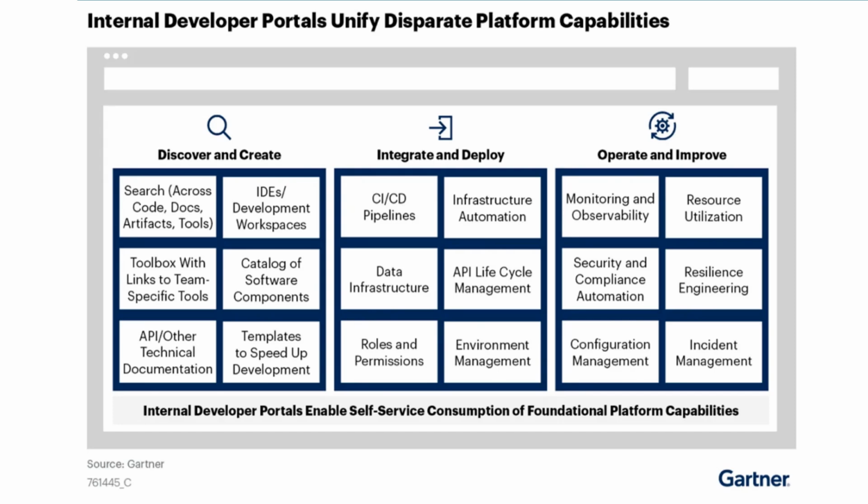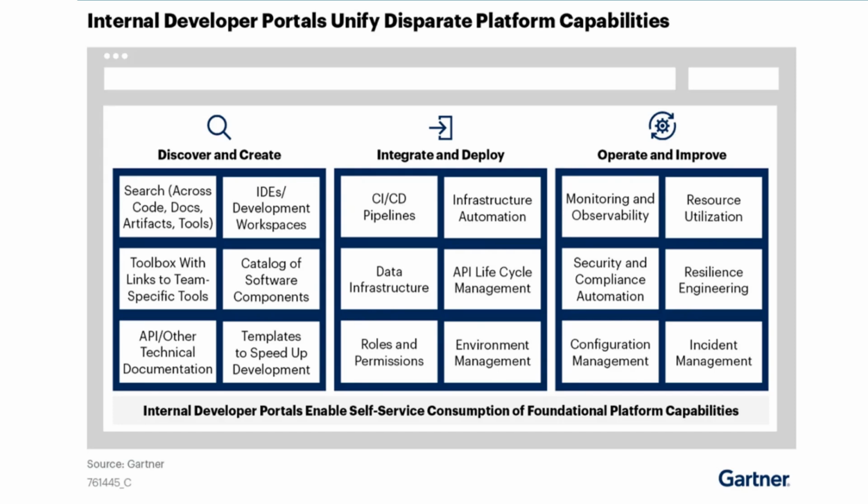By unifying these disparate platform capabilities, an IDP not only takes care of the traditional ops domain, the run stage, but also provides comprehensive support throughout the entire software development lifecycle. This holistic approach enables developers to focus on delivering high-quality applications with greater speed and efficiency.